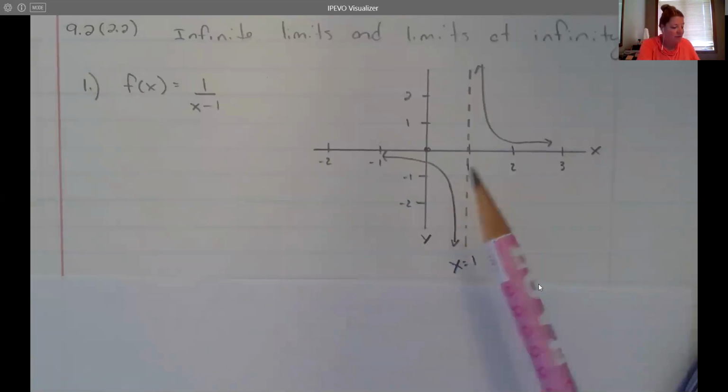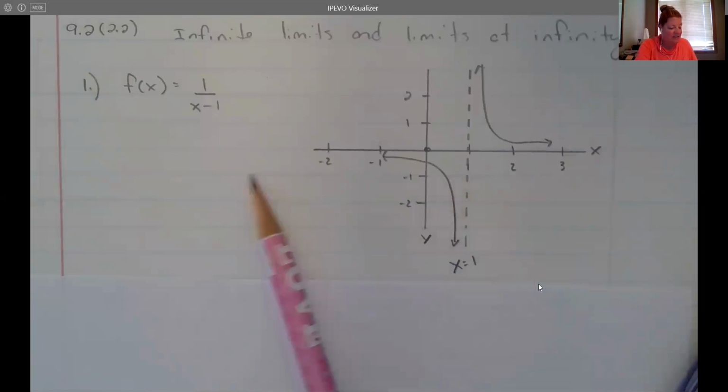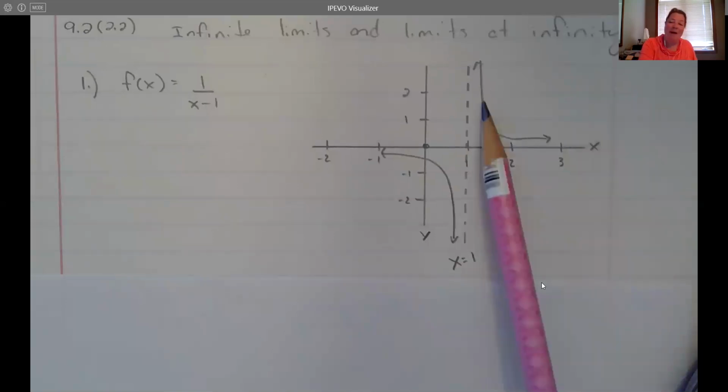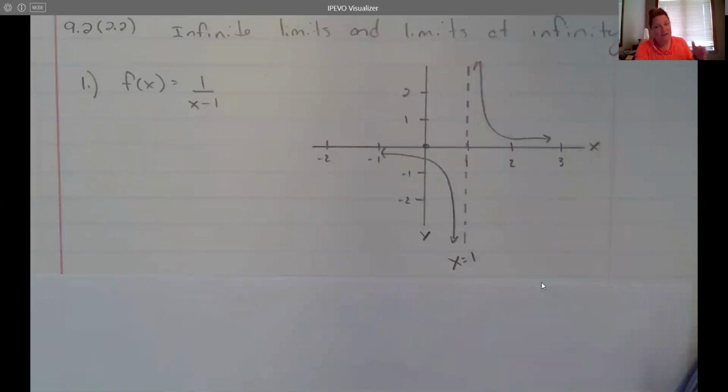Okay, so from the left side, it is headed to negative infinity. It's going down, down, down, down, down. From the right side, it's going up to positive infinity. It's never going to cross the 1, but it's going to go up to infinity. So we can have the answer of infinity, not just a number, but it's going to negative infinity or it's going to positive infinity.